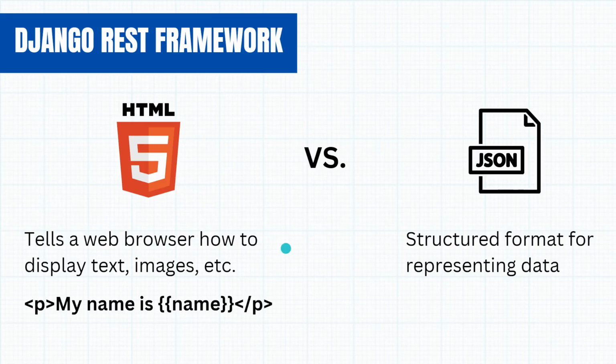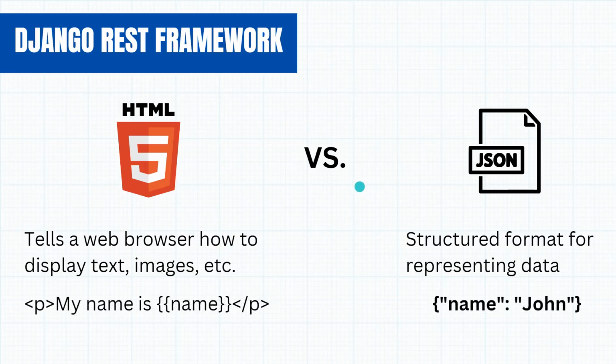So the paragraph tag is telling the web browser to render this as a paragraph. And then there's also other text outside of just the data from the application. So it's telling the web browser to display "my name is," as well as the data from our application. And this might be totally suitable for a web browser, but the display on your car may not have any idea what a paragraph tag is, or may not want to see "my name is."